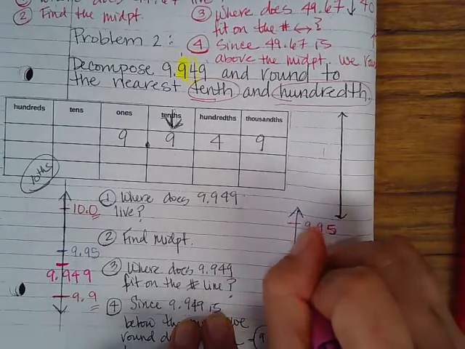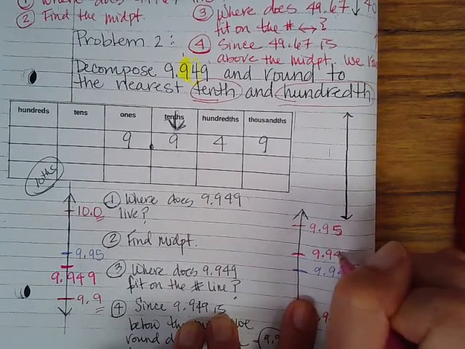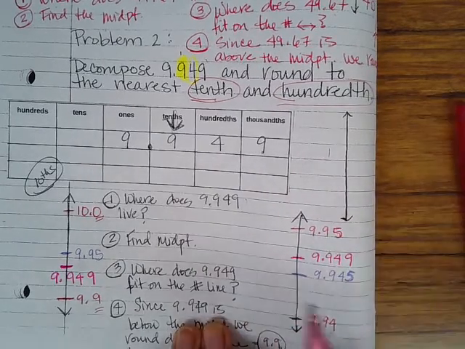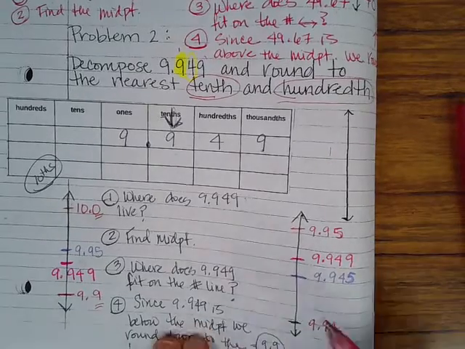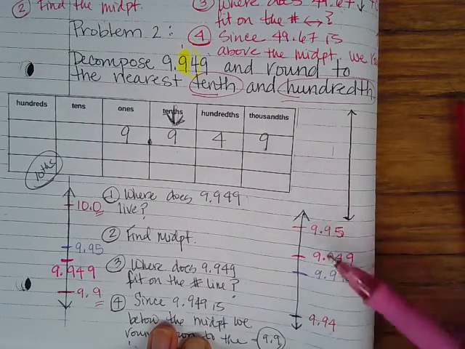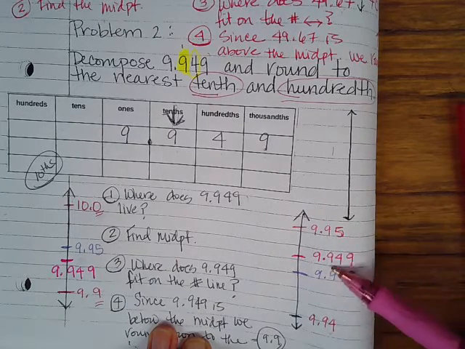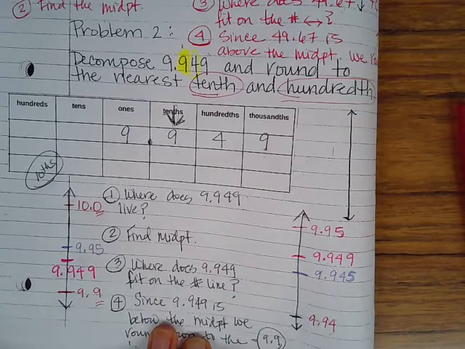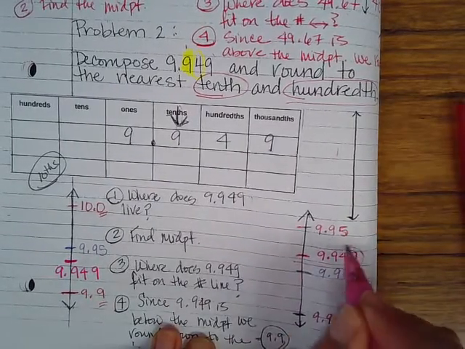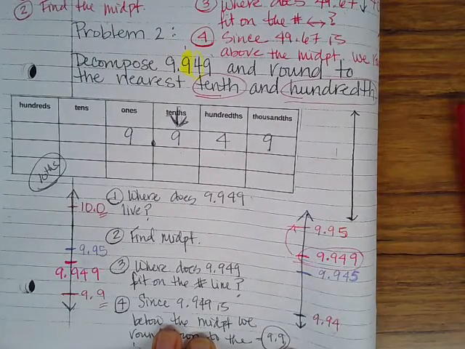It's going to sit right here, 9.949 is where it sits. Now, question. Does it round up to 9.95 or round down to 9.94? Up or down? Show me with your fingers. You guys, excellent. It rounds up because it's above that midpoint. Excellent job.